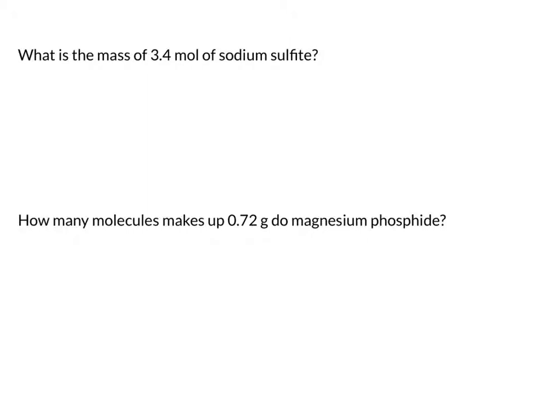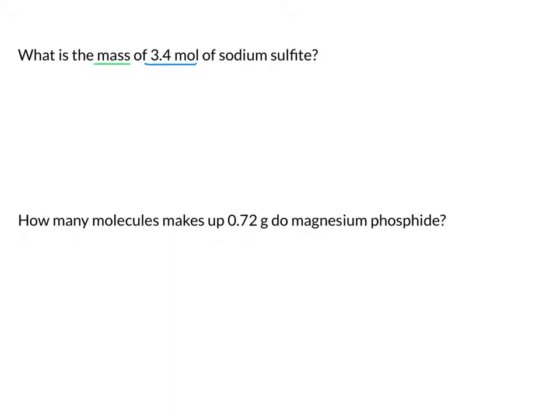What I do is I always start with the given value and I look to see what it's asking me to find. So for this first problem, we're starting with 3.4 moles of sodium sulfite, and it's asking us to find the mass.